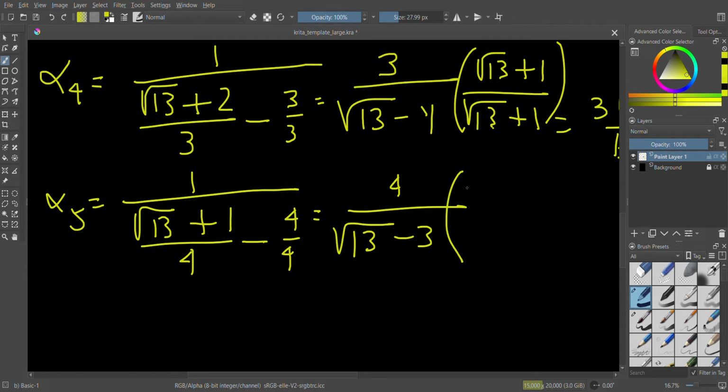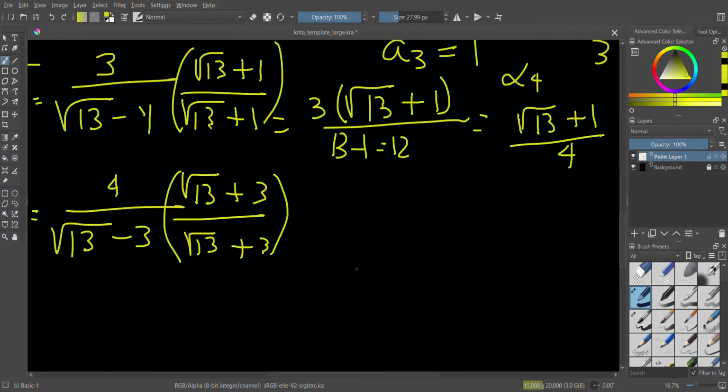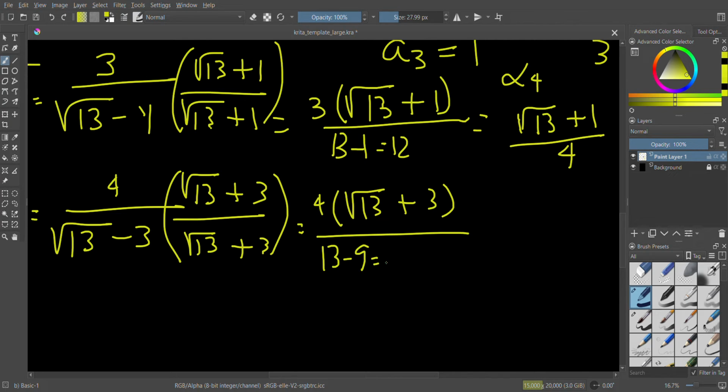Then the conjugate here is square root of 13 plus 3, equals 2. 13 minus 9 equals 4. So this is going to be a large number. And this is alpha 5, and A5 is a whopping 6.